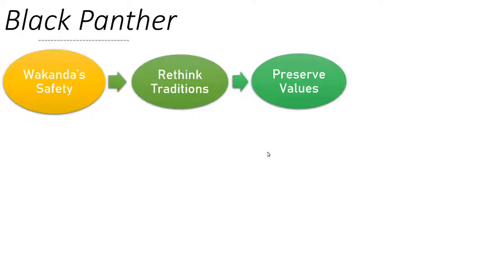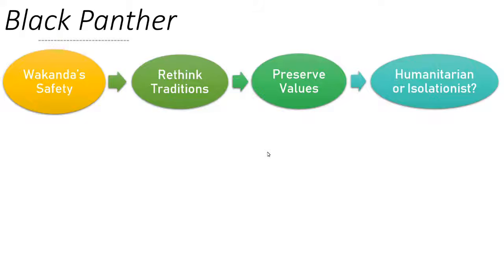So Wakanda is torn between the idea of remaining in isolation or taking a more humanitarian approach. Like Princess Shuri says, just because something works doesn't mean that it can't be improved. Although Wakanda has been successful so far, it might have to adapt its strategy in order to best protect itself and the world.